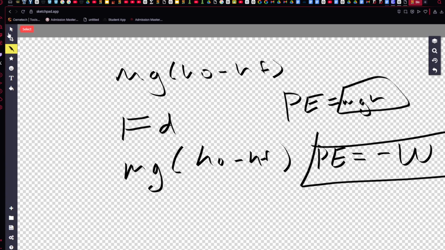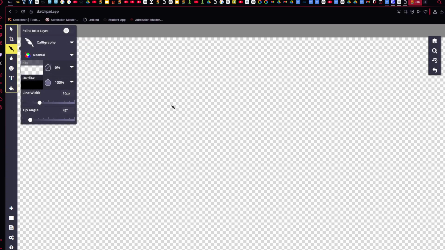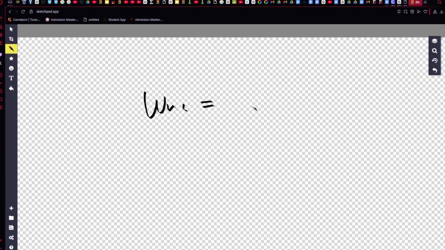Conservation of mechanical energy, I won't do the derivation, but essentially it states the formula for non-conservative work is Ef minus E0, and E is simply the sum of all energies that you'll learn. In physics 1, you will go up to rotational energy.